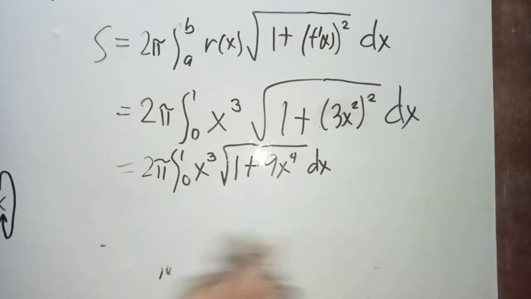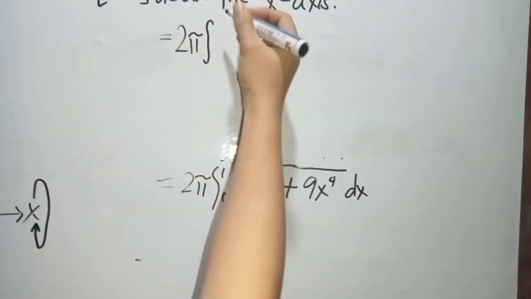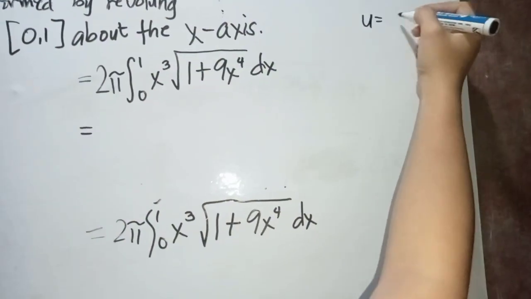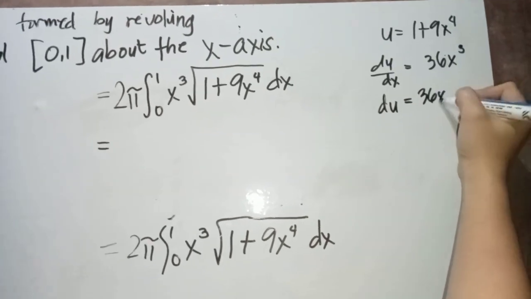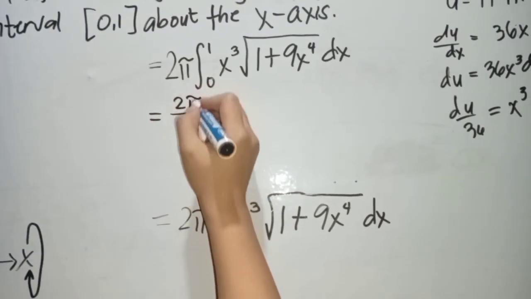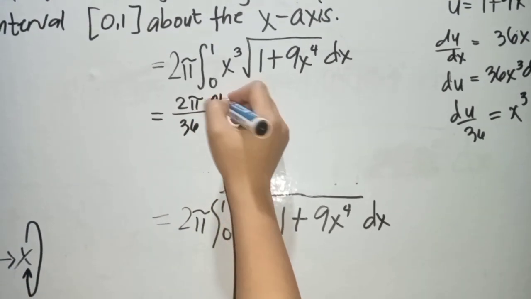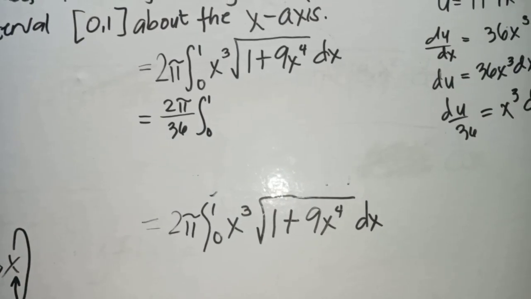Then we have 2π times the integral from 0 to 1 of √u times du/36, which is 2π/36 times the integral from 0 to 1 of √u du.